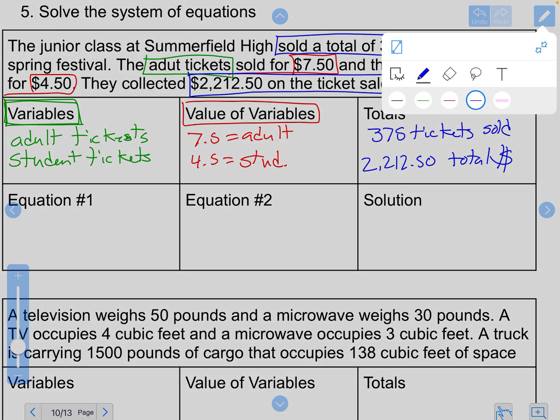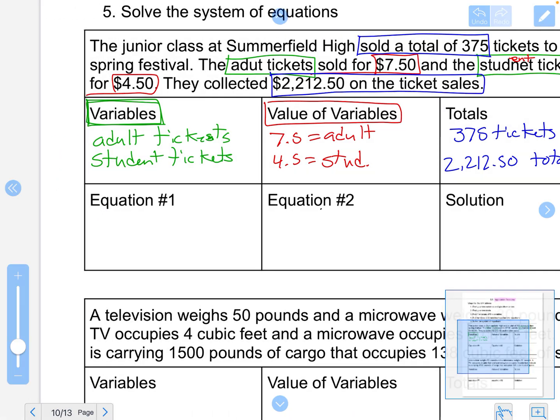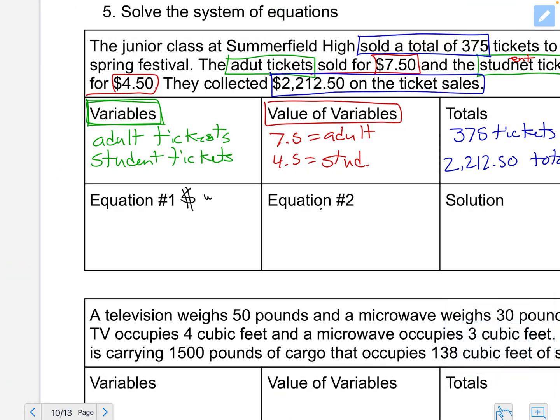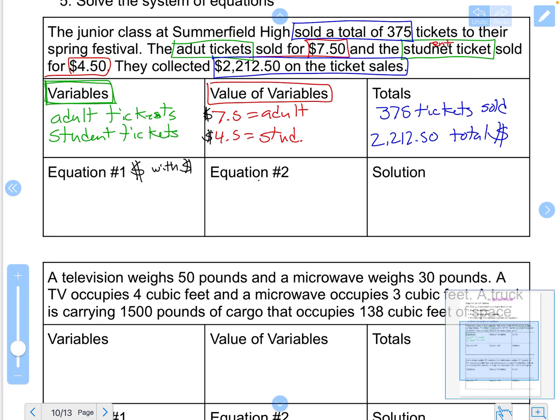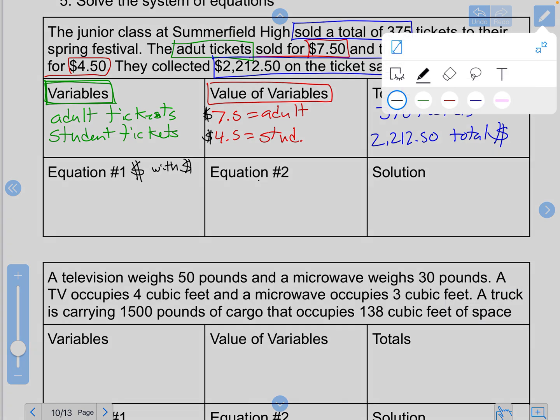So the way I always try to explain this is money goes with money. Let me actually add dollar signs there because that's money. So I have three things that are money. I have adult tickets.